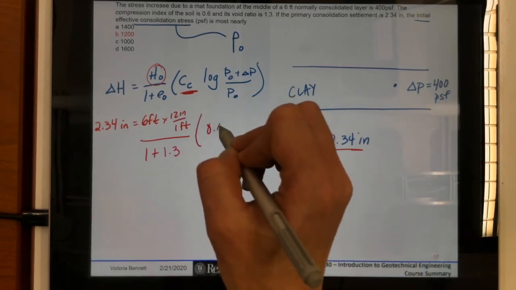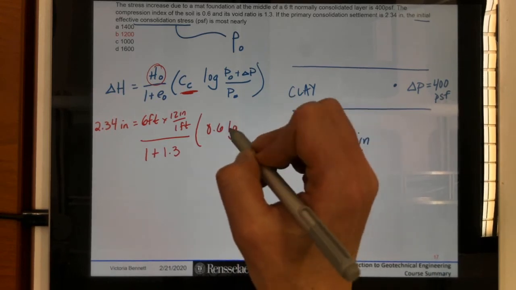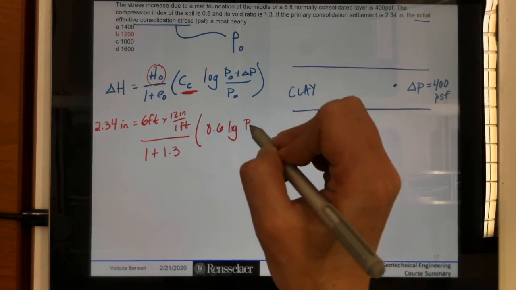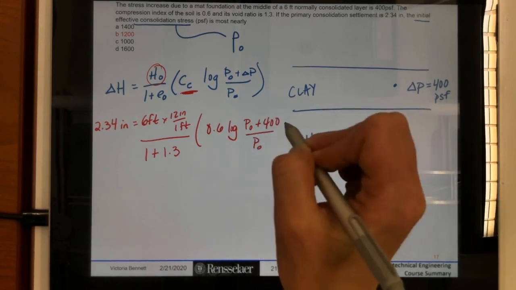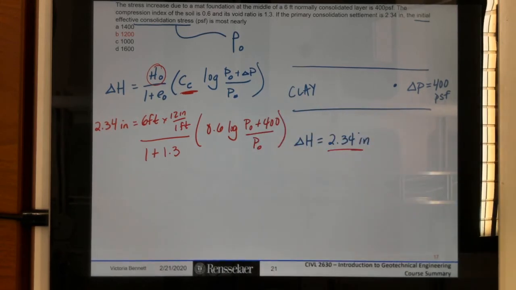Compression index 0.6 log. So I had to jog my memory on how to solve the log to get this piece out, but it's possible, and maybe it's fresher in your memories.